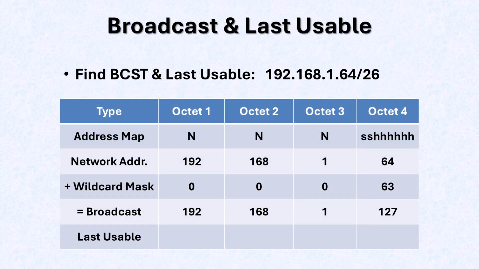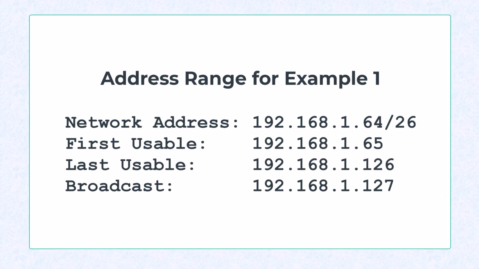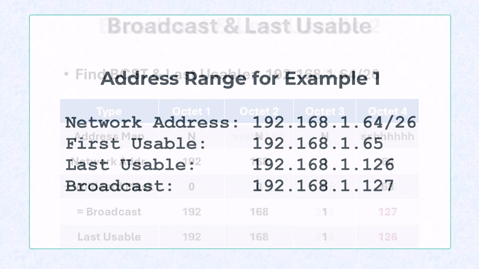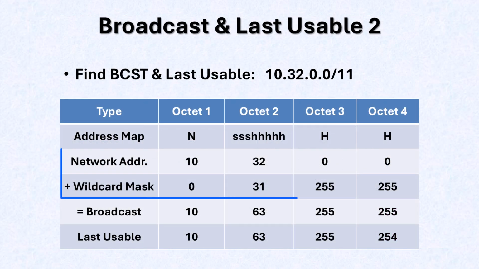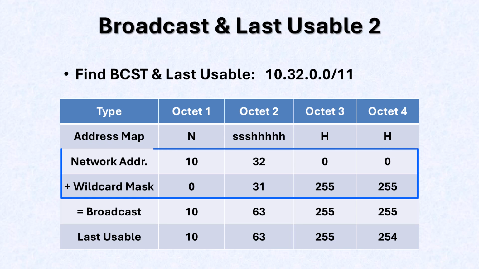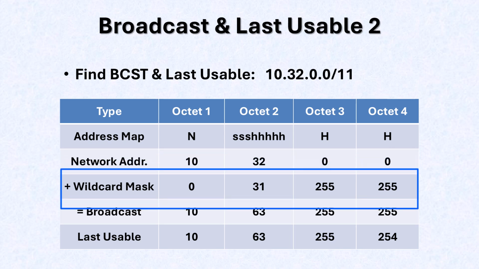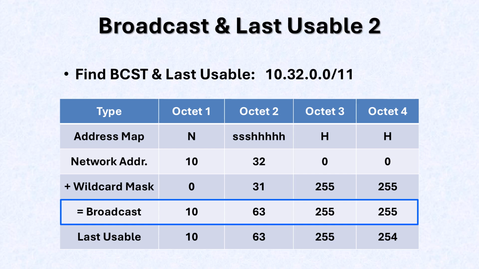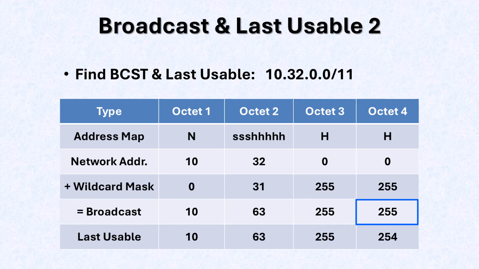To obtain the last usable address, we subtract 1 from octet 4 of the broadcast address. This gives 126 in the last octet. In example 2, once again, add the wildcard mask to the network address to get the broadcast. And subtract 1 from the broadcast to get the last usable.